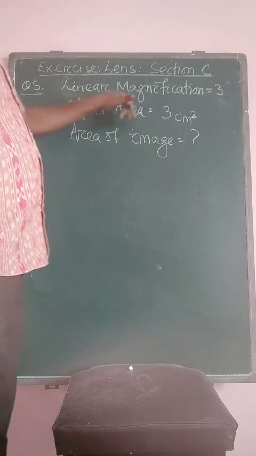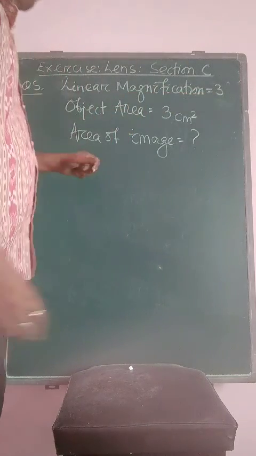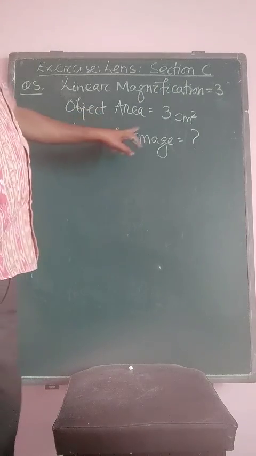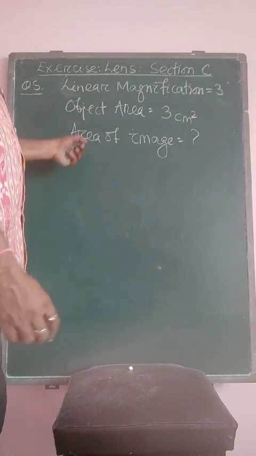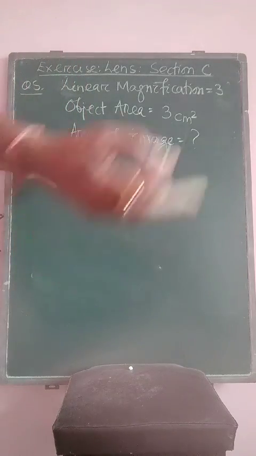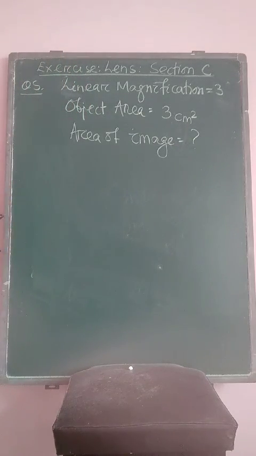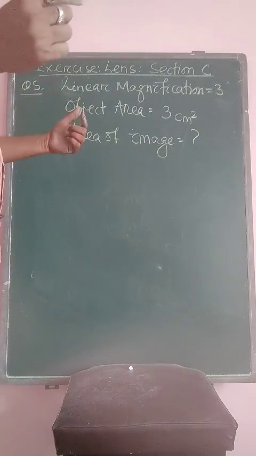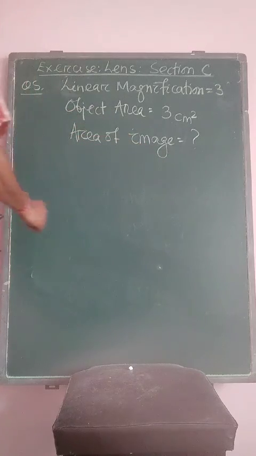A lens has linear magnification 3. The object has area 3 cm square. What will be the area of the image? Sir, you have not taught it. Here there is nothing to learn, just think, or we make a logical deduction.